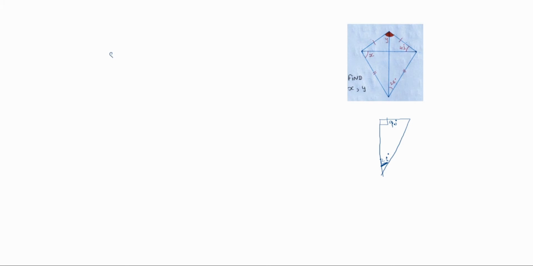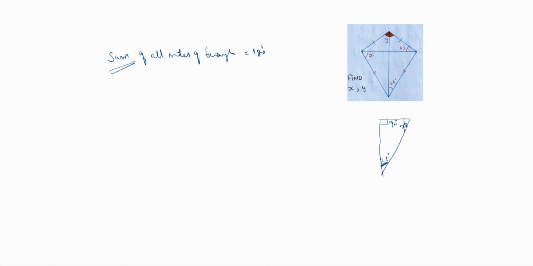The sum of all angles of a triangle is equal to 180 degree. Sum of all sides means these 3: 1, 2, 3. So you can take this as p value in this case.